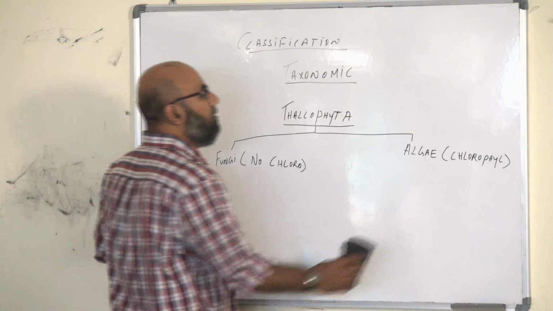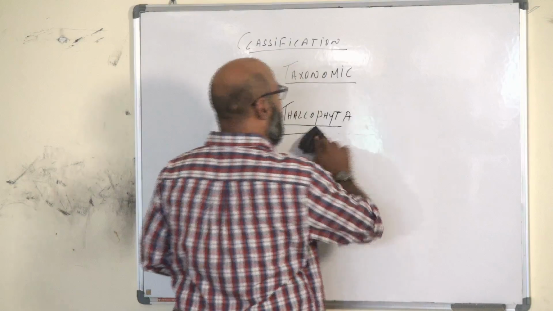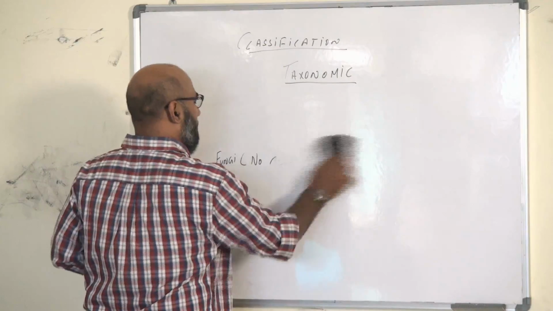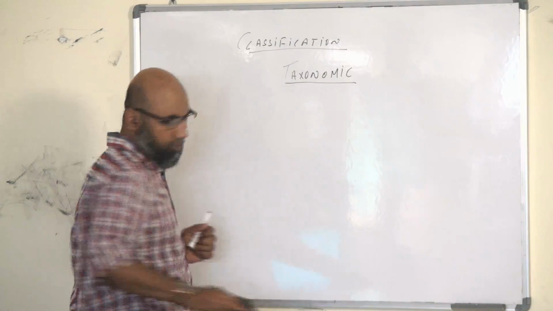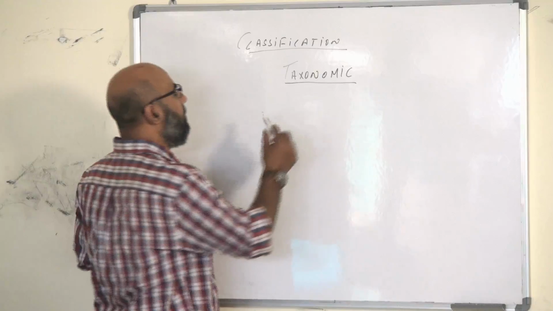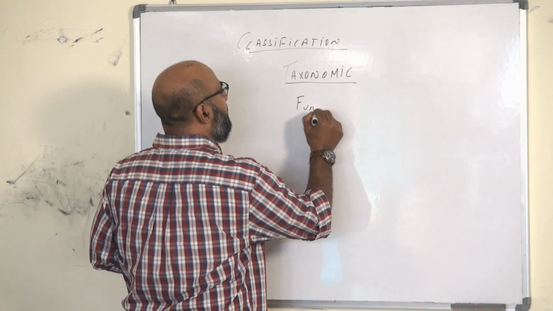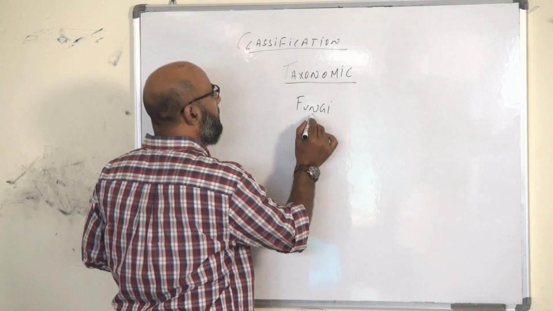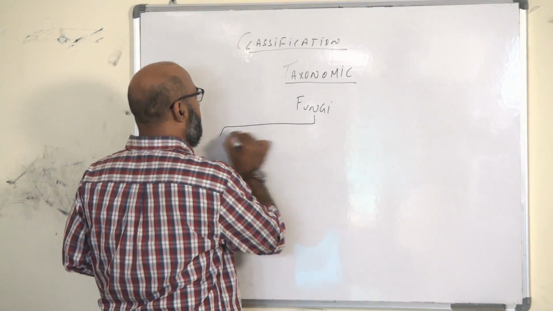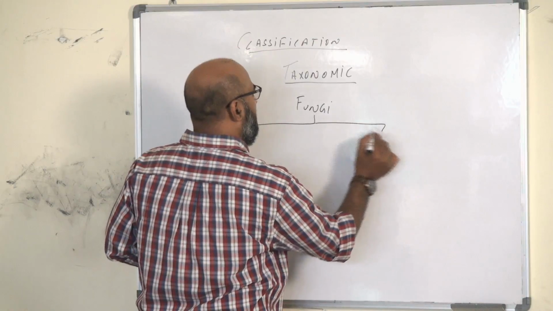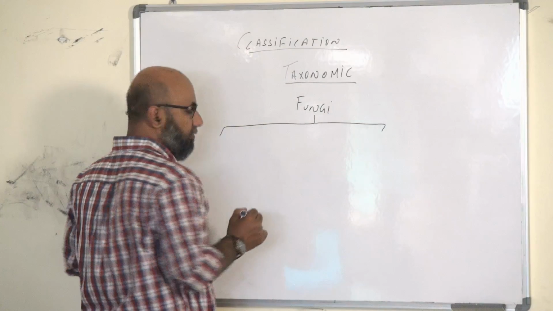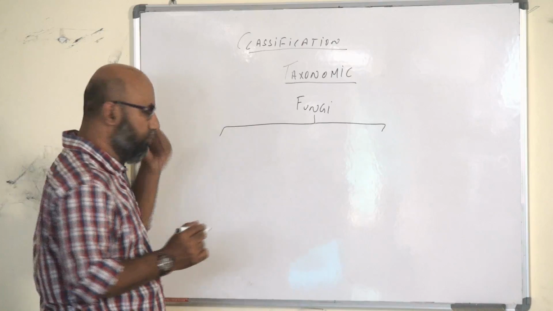And since we are discussing fungi here, let us not focus mainly on the algae, let's focus mainly on the fungi. So fungi, we are talking about the taxonomic classification. And as we said, it is based on the sexual spores.